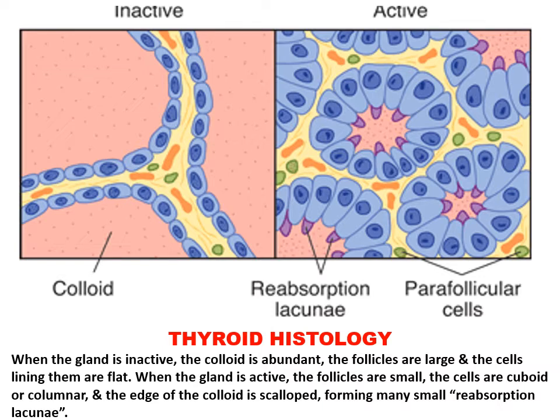When the gland is inactive, the colloid is abundant, the follicles are large, and the cells lining these follicles are flat.